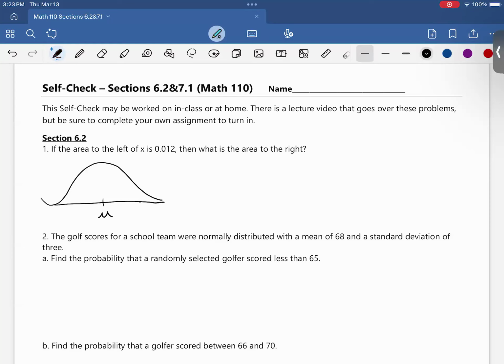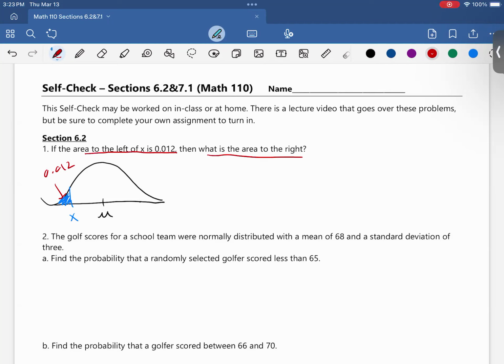We don't know what it is. But we do know we have an area starting at x, and to the left of that is 0.012. So that's our area to the left of x. Now the question is, what is the area to the right?